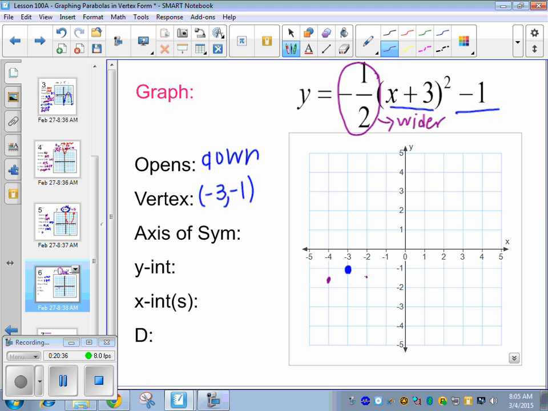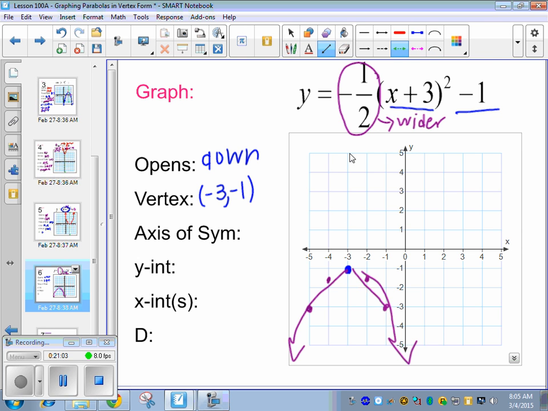Right? 1 down 1/2. And the next step is 2, 4. Normally we do 2, 4 from the vertex. It's going to be 2, 2, because it's half of that second number. So if you want to do this point, left 2, down 2, right 2, down 2. Again, not sure how picky I will be, but you definitely need a wider parabola. Hard to do on this board, I promise you.